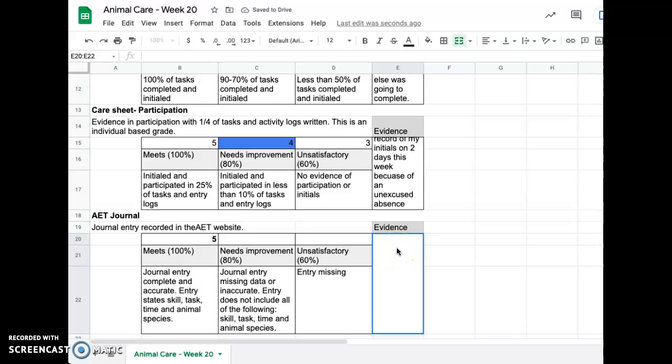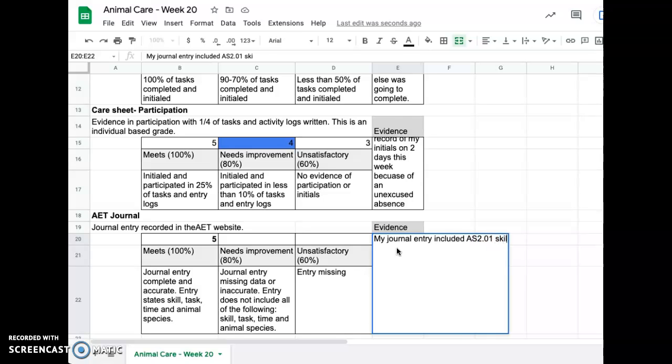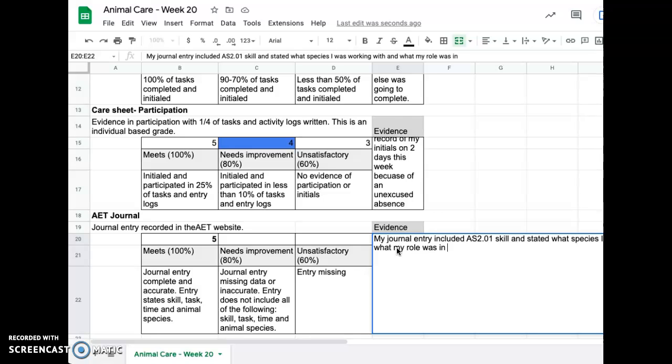All right, so evidence. My journal entry included AS 2.01 skill and stated what species I was working with and what my role was in caring for that animal.